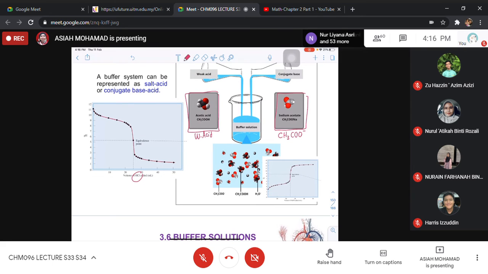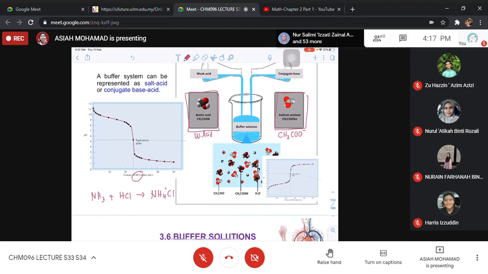Okay, katalah ammonia. So ammonia NH3 plus HCl, it will produce NH4Cl. Salt yang supply dalam salt ni ada NH4 plus dan Cl minus. So keadaan di mana NH3 exists together with its conjugate NH4 plus, itu adalah keadaan buffer.